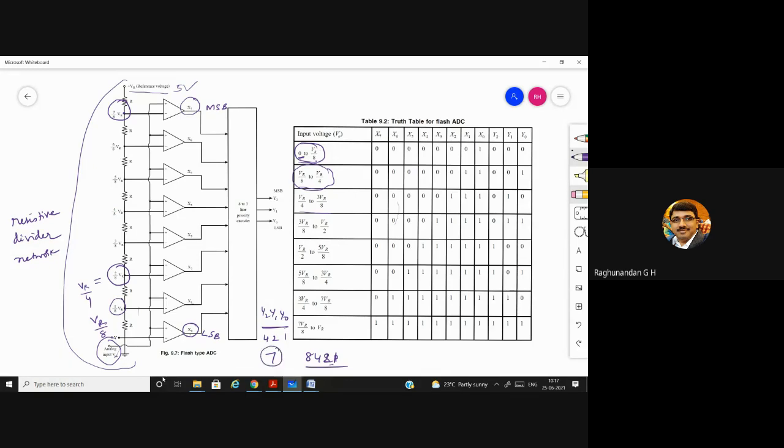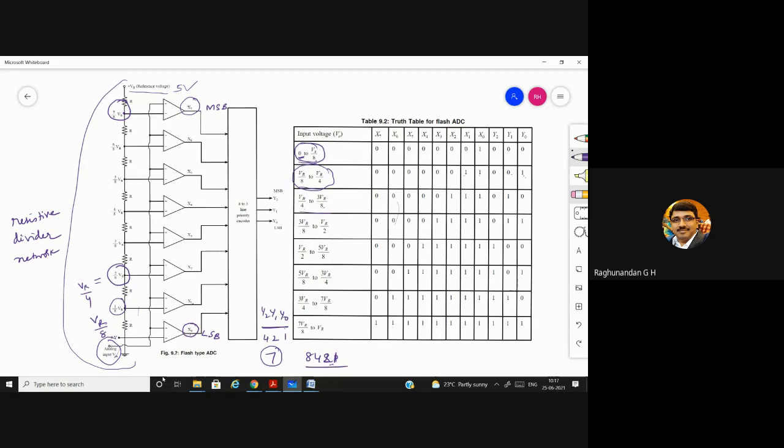When x0 and x1 are both equal to 1, 1, during that time, it is considered to be 0, 0, 1. When your range is between VR by 4 and 3 VR by 8, that is, the analog signal voltage range is between VR by 4 and 3 VR by 8, during that time x2, x1, x0, only those three will be high, because the analog signal is going to dominate.